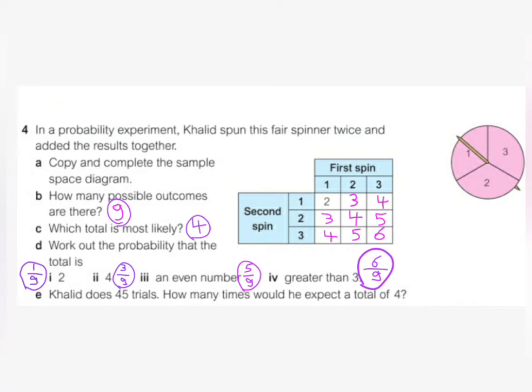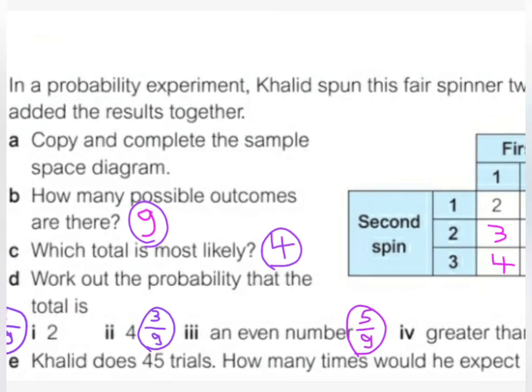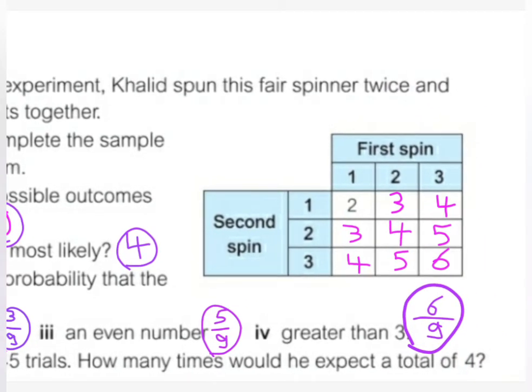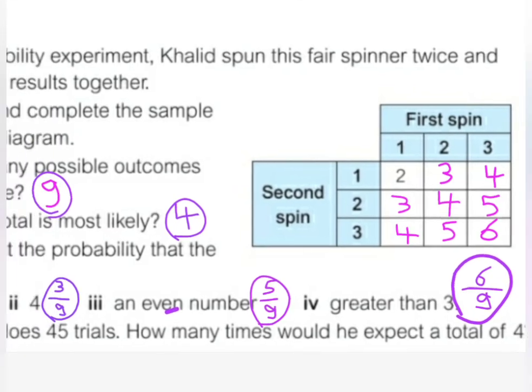Now, let's take a look at question E. Question E says, Khalid does 45 trials. How many times would he expect a total of 4? So he did 45 trials. How many times would you expect a total of 4? We take the probability of 4 happening between these 9 events and we multiply it by 45.